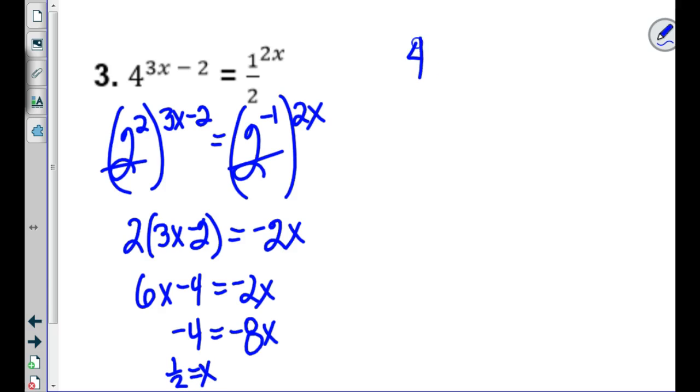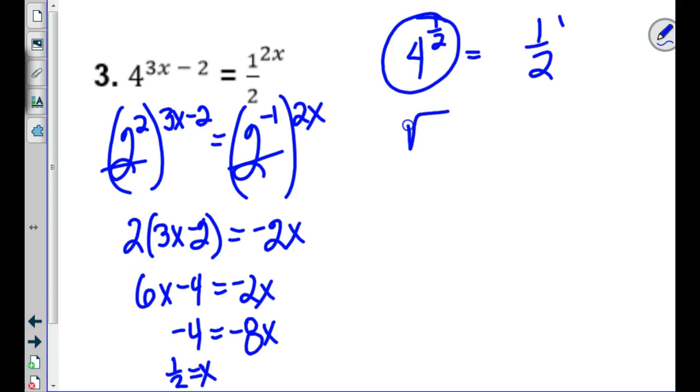So if we plug it back in, we'd have 4 to the 3/2 minus 2, which would be 1/2. And over here we'd have 1/2. 1/2 of 2 is 1. Is that true? What does this mean? What does it mean though? 1/2 power means square root. Is that true?